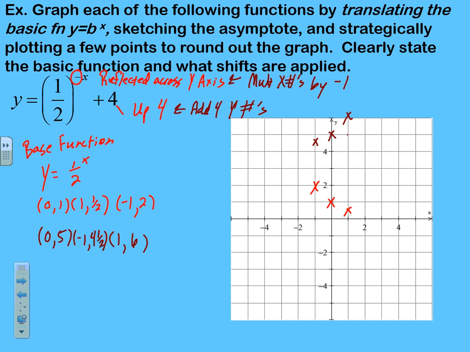Okay, and this +4 says we are going to have my horizontal asymptote at y equals +4. So what we'll do is follow the horizontal asymptote through those points, and there is the transformed function graphed.